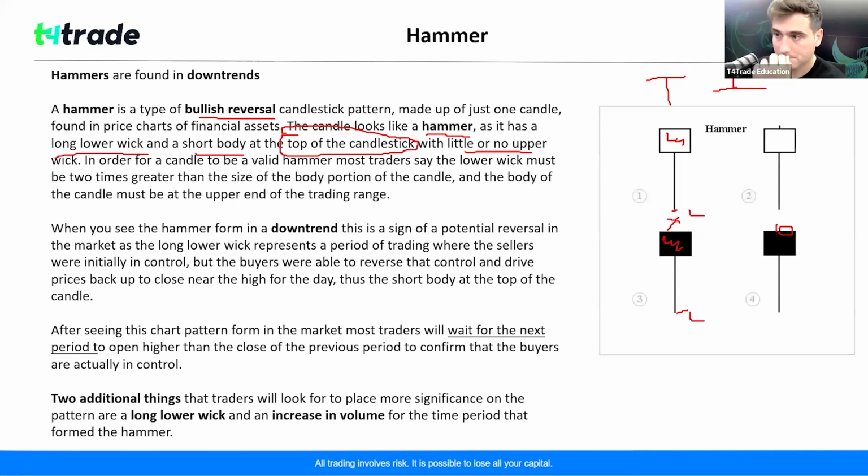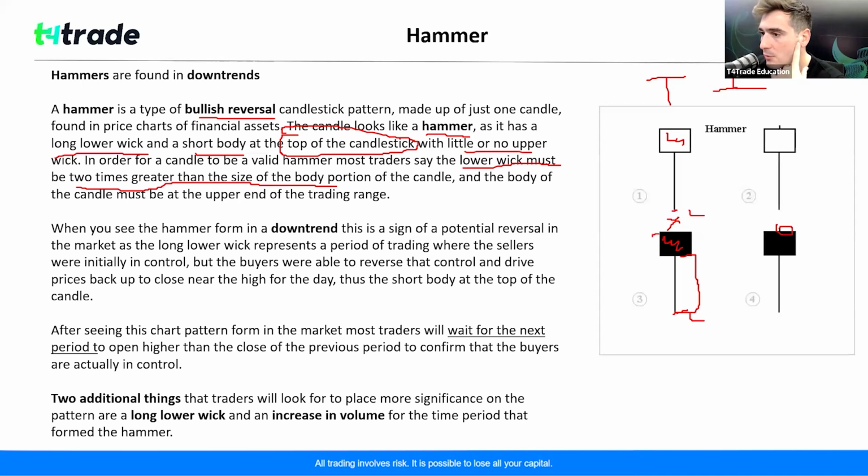So in order for a candle to be a valid hammer, most traders say the lower wick, this part, must be at least 2 times greater than the size of the body portion of the candle.